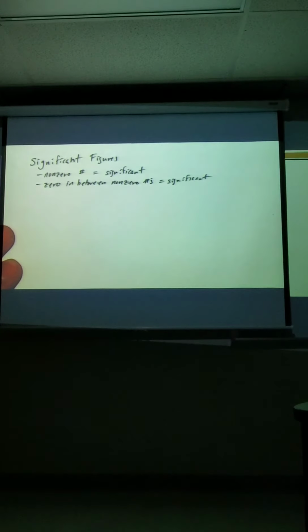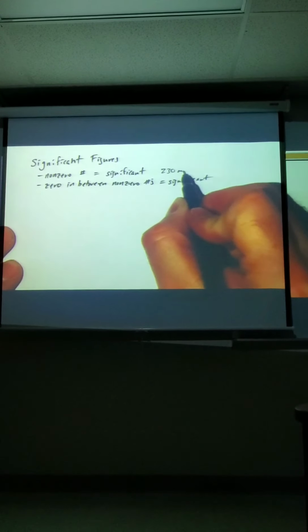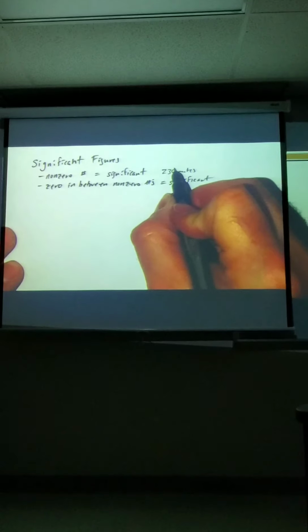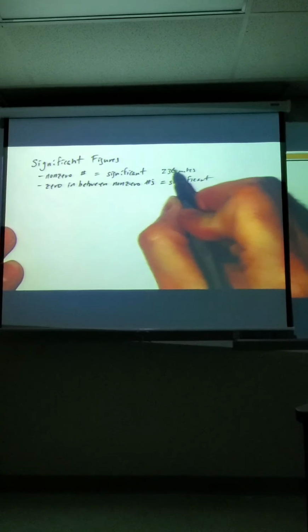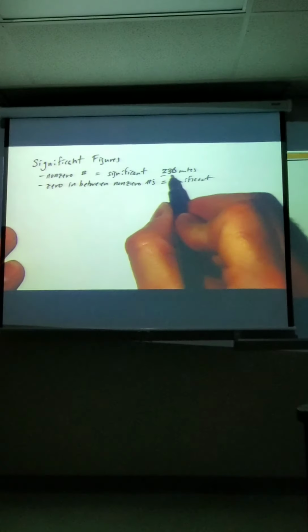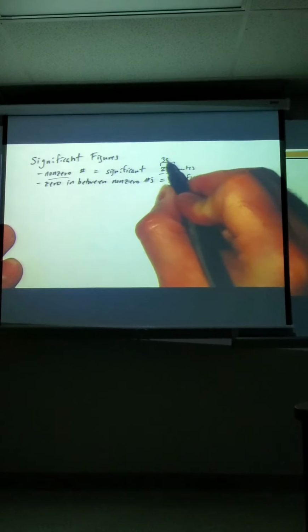So the difference between those would be, say, a non-zero number would be like 230 miles to some city. So with a 0 here, that wouldn't matter. So let's say it's 236, because now we don't have any zeros in this particular example. So if we have 236 miles, we have a 2, a 3, a 6. Those are non-zero numbers. So that means we have 3 significant figures.